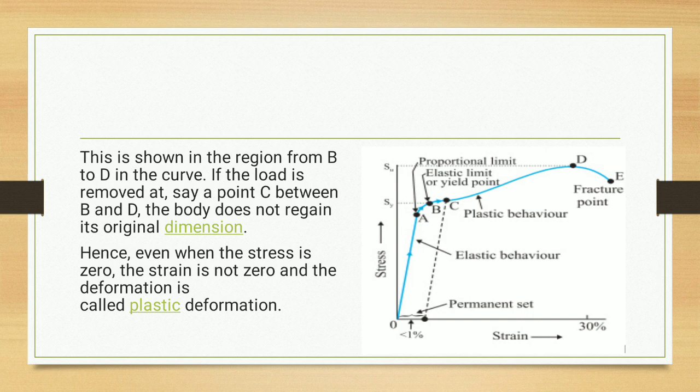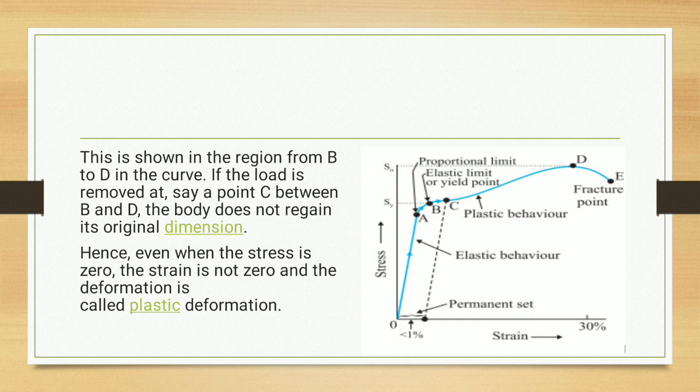If the load is removed at any point, say at point C between B to D, the body does not regain its original dimension because it has exceeded the elastic limit. You will see the mark of permanent deformation on the body after B. Hence, even when the stress is zero, the strain is not zero, and the deformation is called plastic deformation.